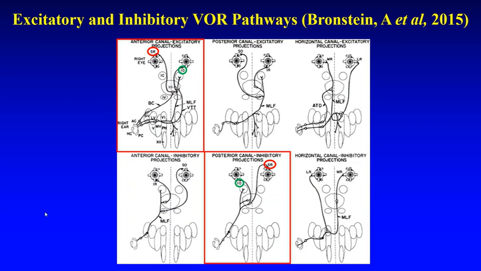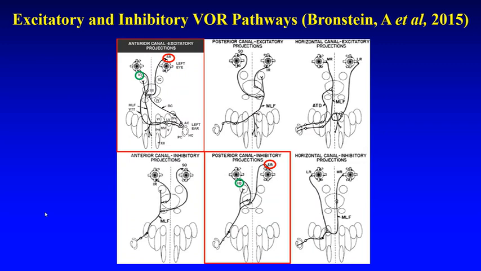It is important to note here that the excitatory projections of the left anterior semicircular canal and the inhibitory projections of the right posterior semicircular canal are to the same pair of muscles, that is the right inferior oblique and left superior rectus. Why am I telling you this? This is because an apogeotropic right posterior semicircular canal BPPV can sometimes mimic an anterior canal BPPV of the contralateral side.